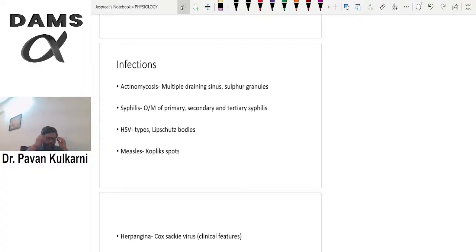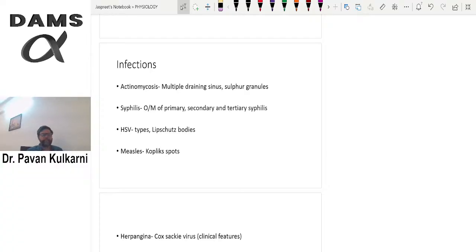And there is one commonly asked question in case of HSV, that is geometric stomatitis. What is geometric stomatitis? In herpes simplex virus infection, particularly in HIV or AIDS patients, you have stomatitis that is seen as patchy areas within the oral cavity. That is called geometric stomatitis. That is again very frequently asked.